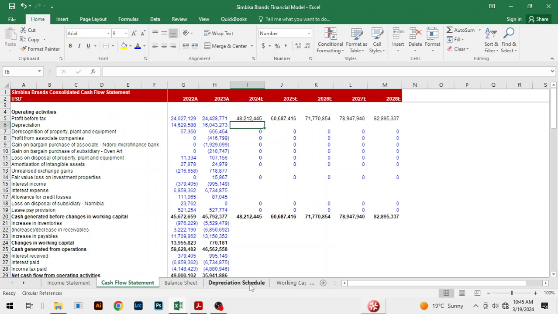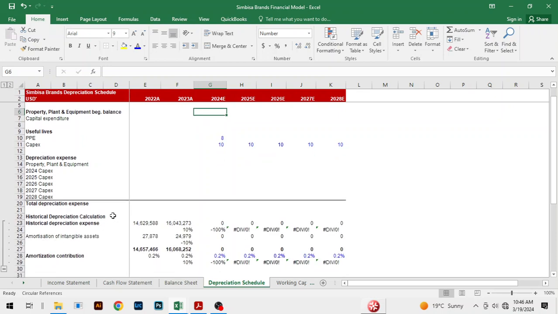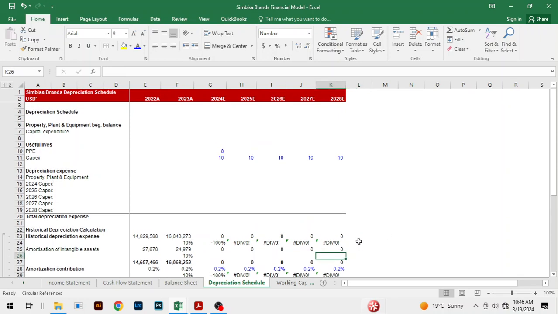So like I had promised, we have got a depreciation schedule here. So we are saying property, plant and equipment. If we look at historical depreciation here, we've got amortization of intangible assets, we have got historical depreciation here.